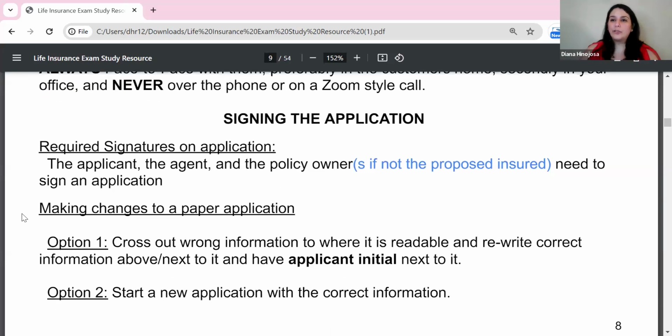All right, so one question that tends to come up, who needs to sign the application? Always your applicant. And again, if you're in the application stage, you do not have an insured yet, this person could get denied. Just keep that in mind. Do we already have an issued policy?